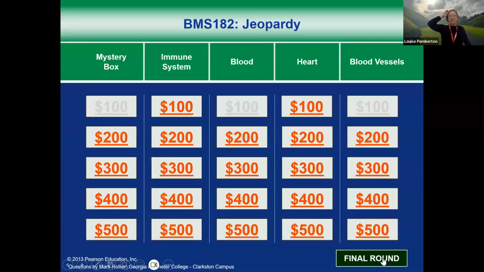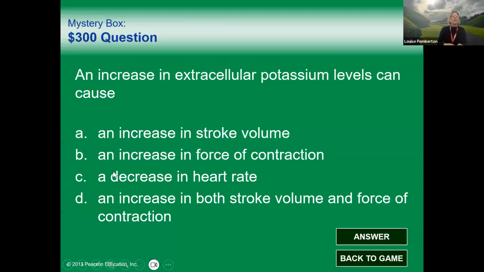Okay, Dana, it's just there. Go mystery box. Wow. Okay. This is an important question. An increase in extracellular potassium levels can cause what?